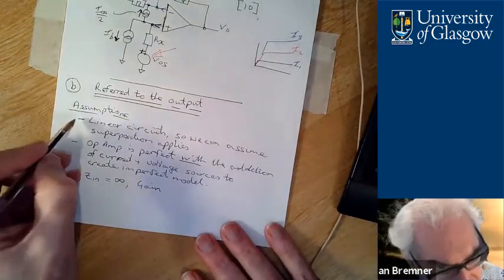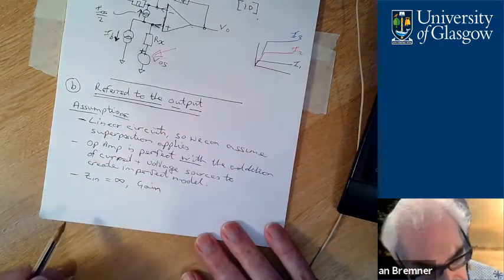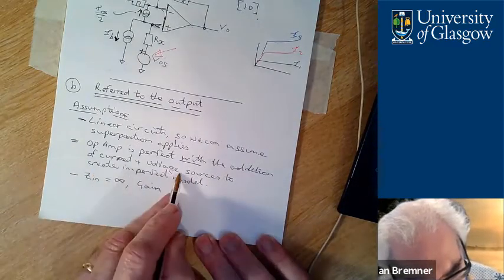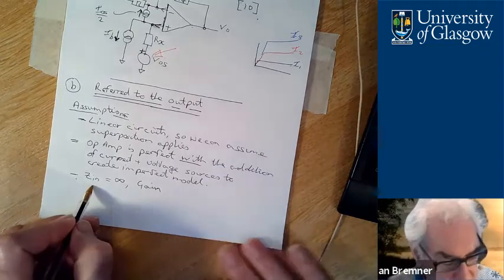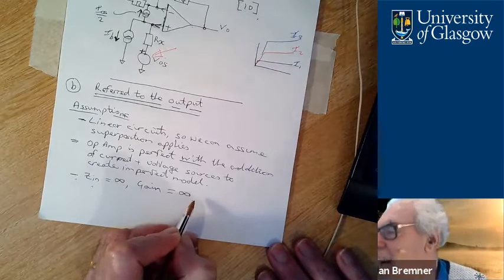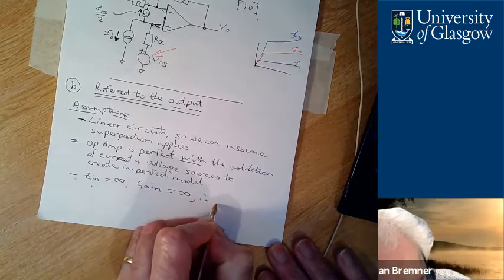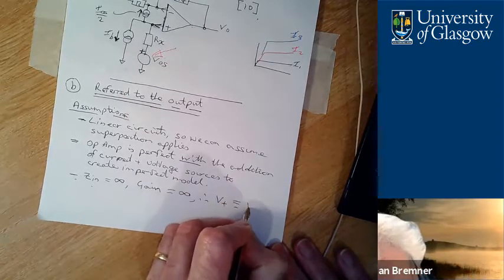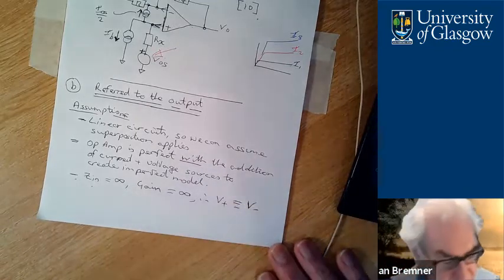Okay, so we've three assumptions. We've assumed linear circuits, so we can assume superposition. Op-amp is perfect with the addition of current and voltage sources to create an imperfect model. And the op-amp ones: Zn is infinity, gain equals infinity, and therefore V plus will equal V minus. In other words, virtual earth principle applies.